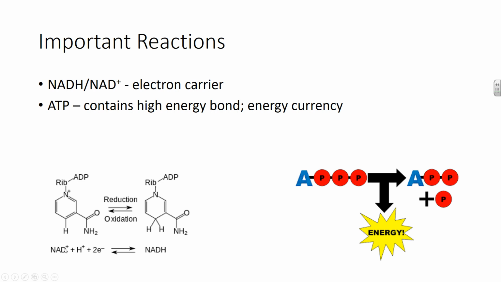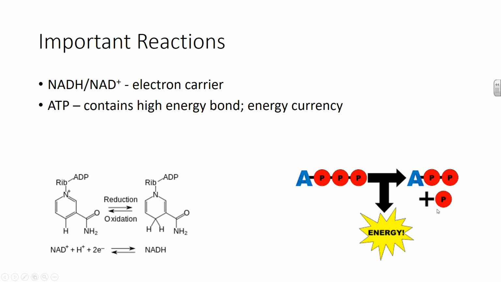That means it has the ability to accept an electron. So when you take NAD and you add electrons, you get NADH. NADH here is the reduced form. You can think of NAD as a little electron taxicab. Its job is to travel around your body, picking up electrons and carry them to where they're needed.